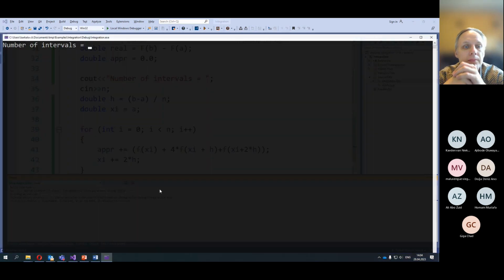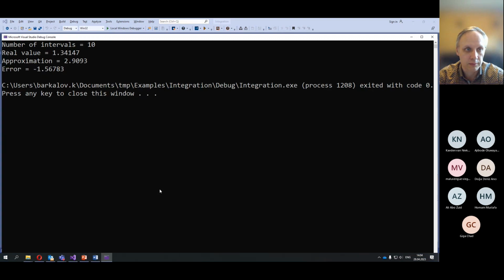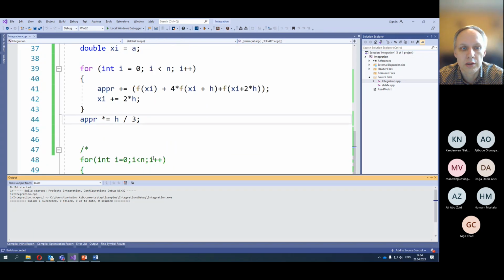Let's run for number of intervals equal to 10. Or I made a mistake. I have a very large error. It means that somewhere I made a mistake. Let's check it here.